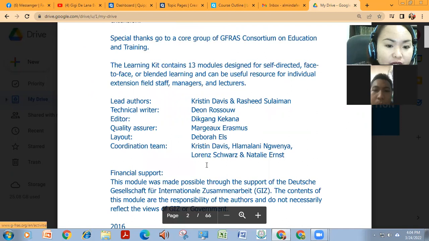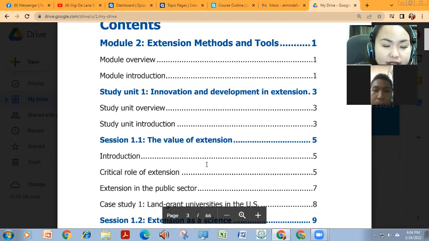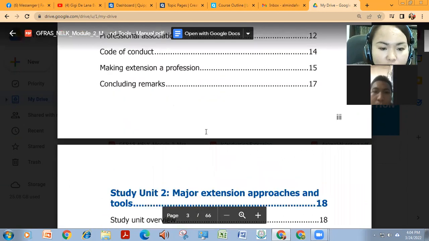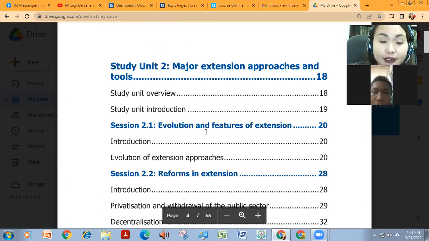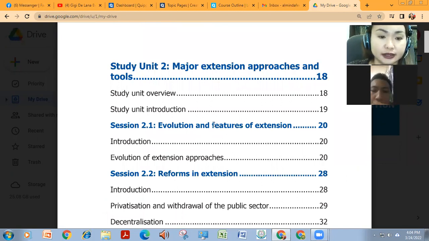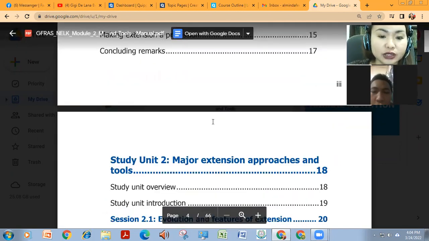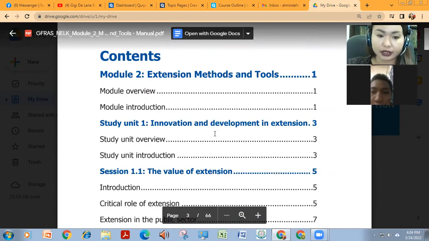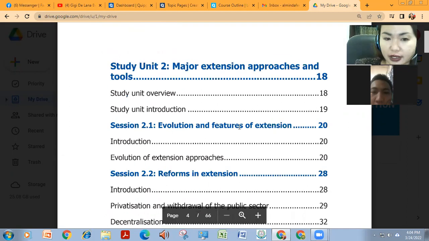You can search this online. So unit 1 is prelim, no? And unit 2 is the midterm.